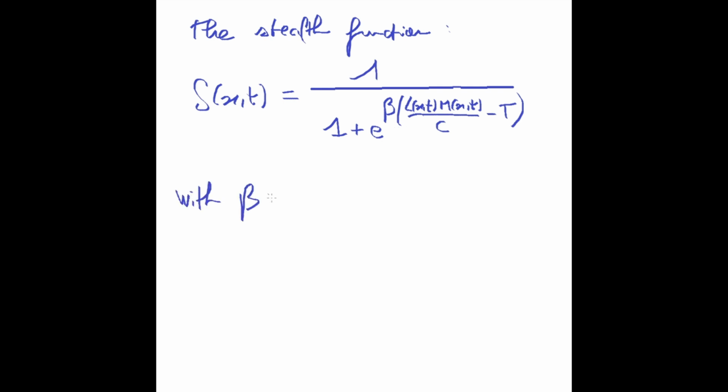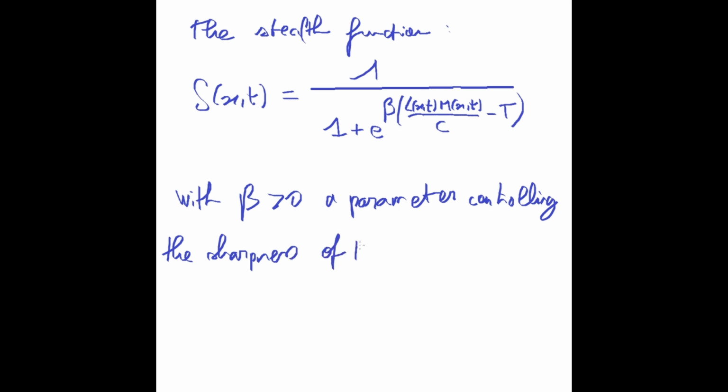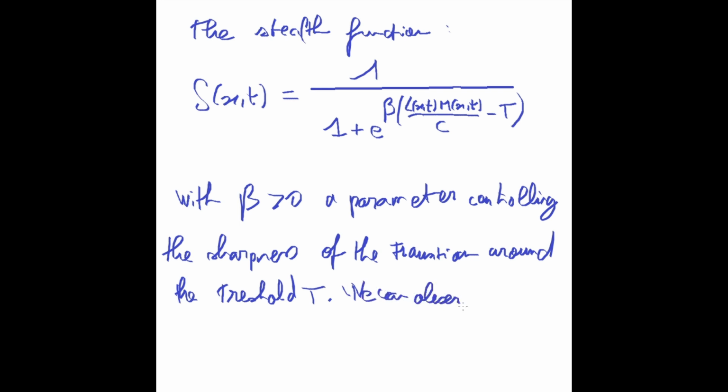With beta, a parameter controlling the sharpness of the transition around the threshold T. We can observe that when d(x,t), equal by definition to l(x,t) times m(x,t) divided by c, is a lot smaller than the threshold T, the stealth function is approximately equal to 1.